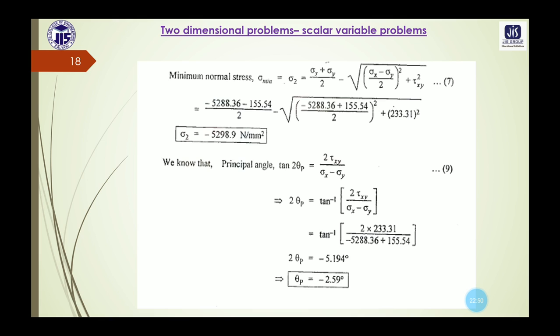So till now we have calculated the value of the normal and shear stresses and maximum and minimum normal stress. And lastly we need to calculate the value of the principal angle, that is theta p. The formula of the principal angle is tan 2 theta p equals 2 tau xy divided by sigma x minus sigma y.